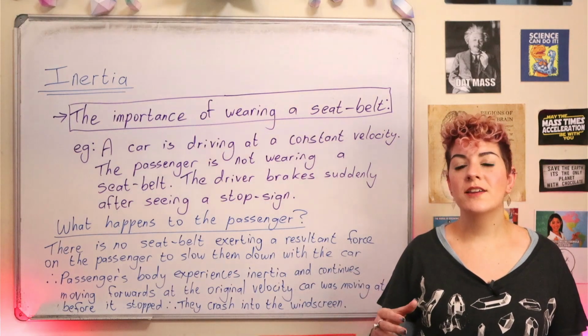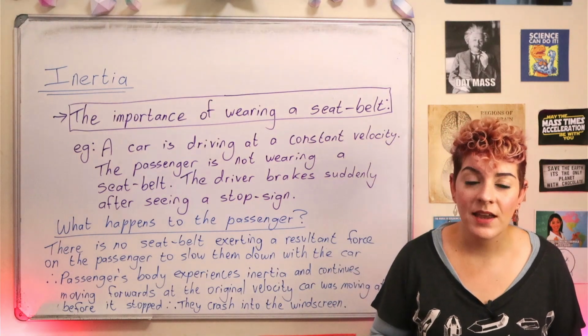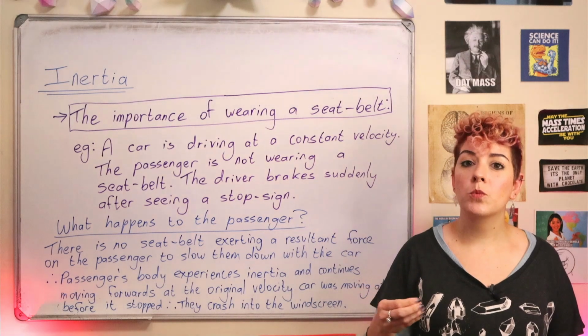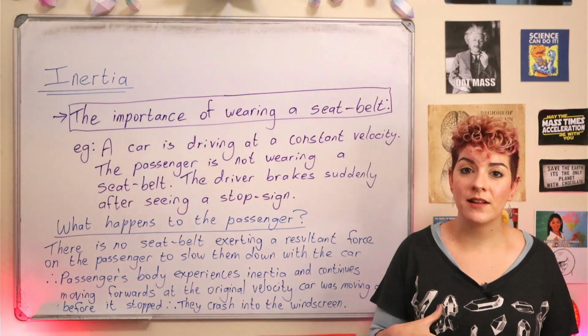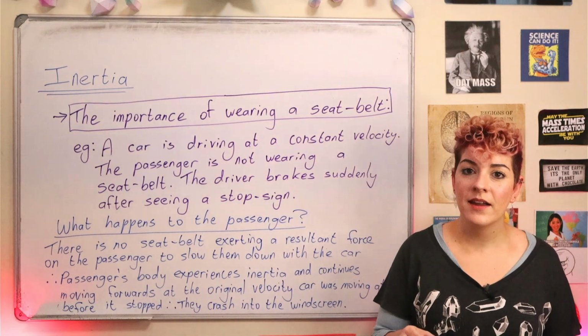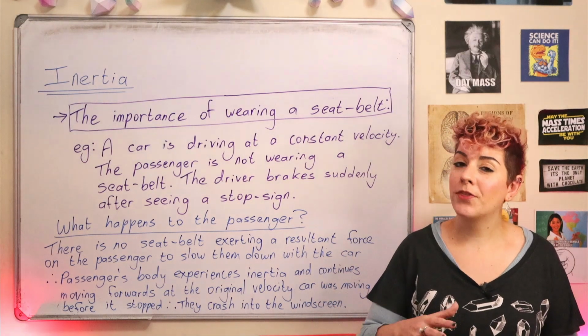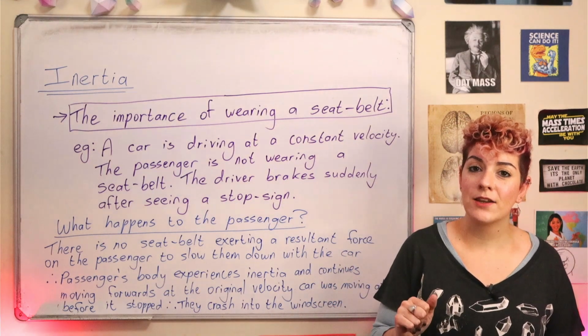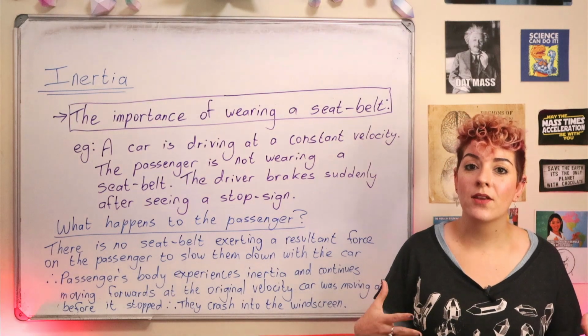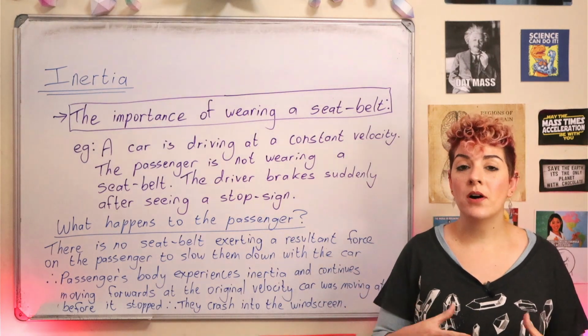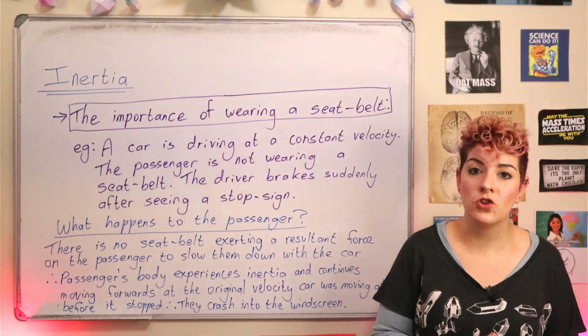Now, what's going on here? Well, the passenger is not wearing a seatbelt, and if they were, the seatbelt would exert a net or resultant force on the passenger that would allow them to slow down with the car. But without a seatbelt exerting that net force to slow down, the passenger's body is now going to experience inertia.